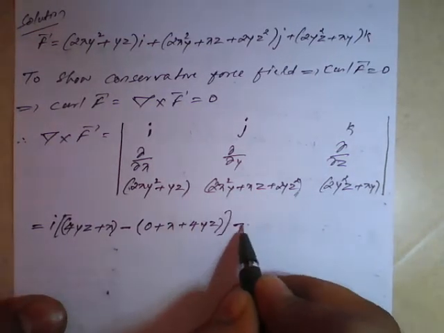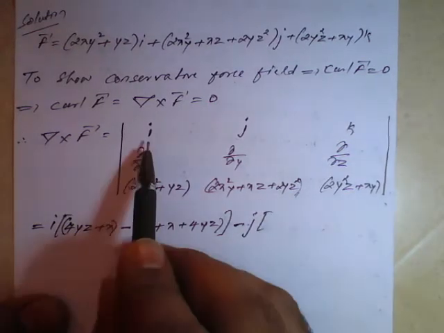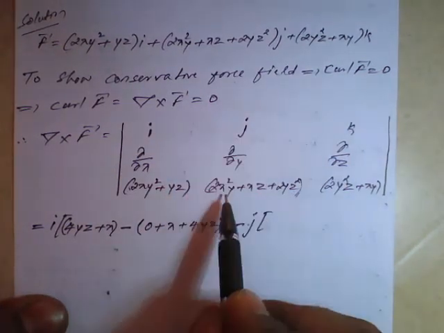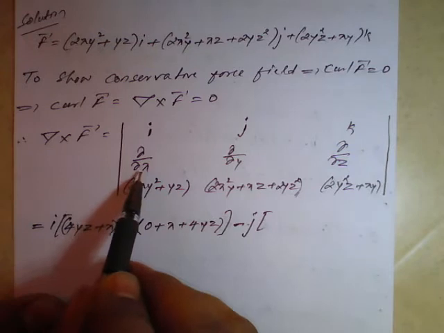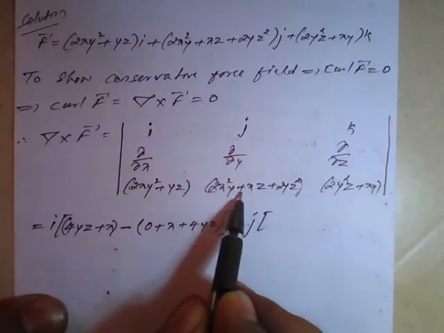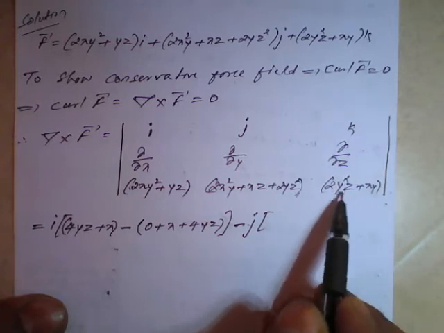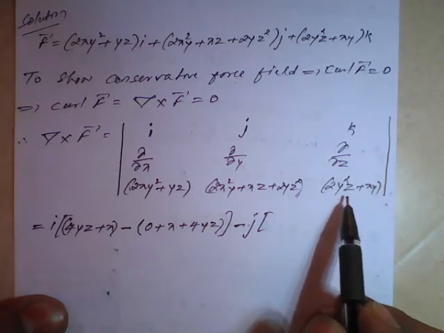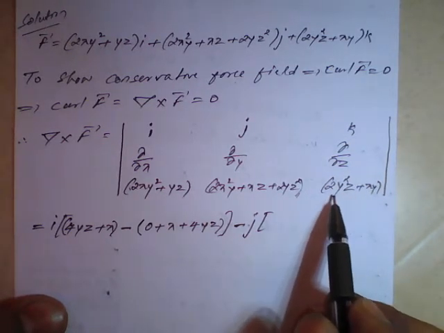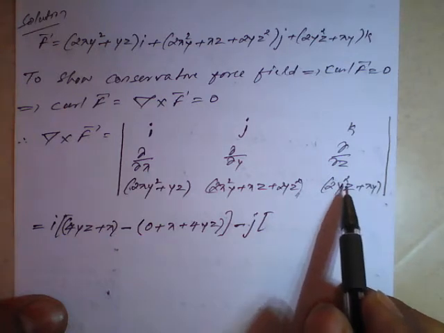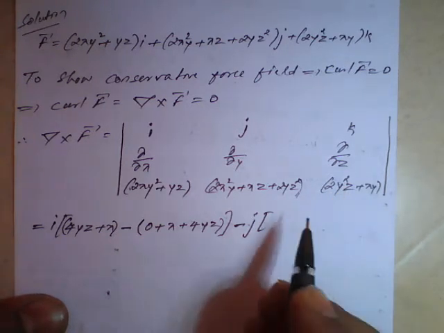Fine. Next, minus j times first row middle column, dou by dou x of the last bracket, that is 2y²z.